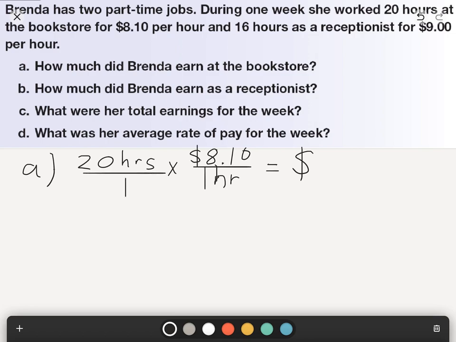So you can think of it as the imaginary /1 underneath. Cancel your hours, leaving you with 20 times 810, which is basically 81 times 2, which is $162.